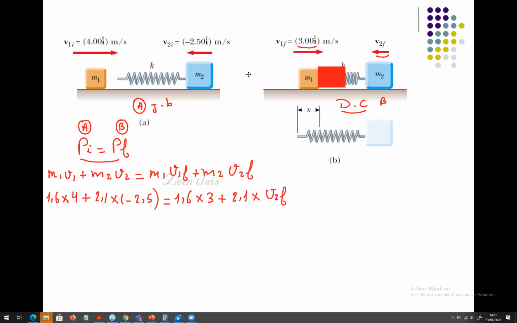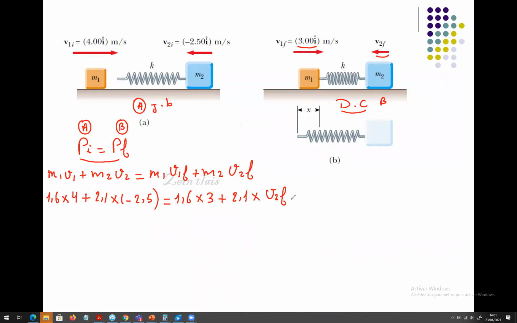We have the maximum compression. After, this block will move to the left, and here also we are during the collision. We arrive at a point where we have a separation, and we get the final state with the final separation of the two blocks. So here I take during the collision when M1 is moving to the right and M2 is moving to the left.